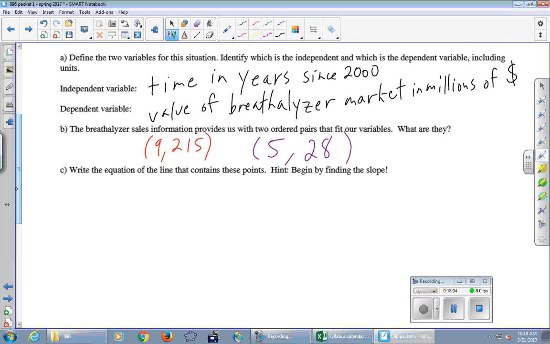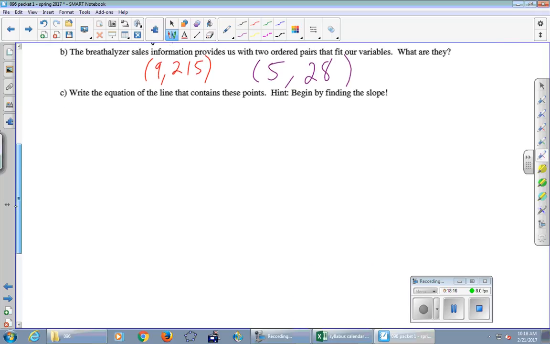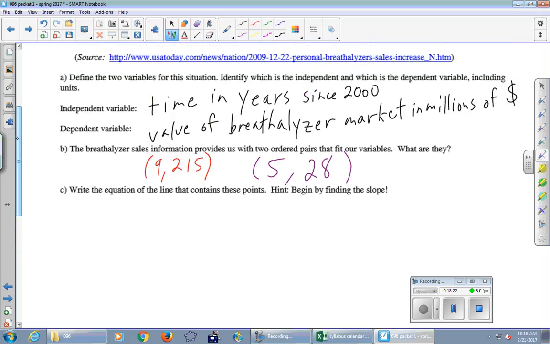And look, I've got 2 points, and finding the equation of a line connecting 2 points is the same fundamental process we followed in that quick check earlier today. So let's give it a shot. Part C says, write the equation of the line. I realized I forgot to do something up here. We defined variables without actually using any variables.